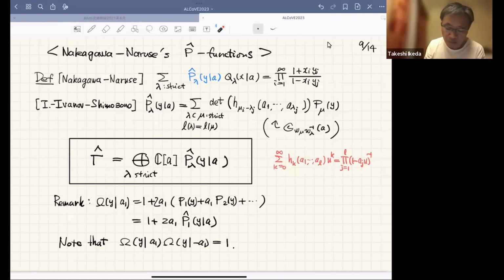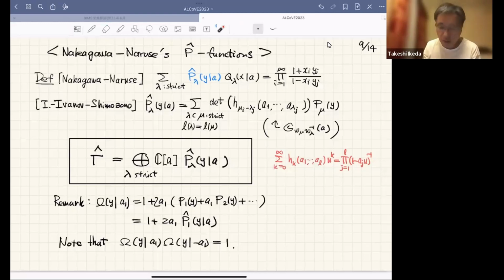The coefficient is actually a type A Schubert polynomial written in this form. This is the definition of the dual factorial P functions introduced by Nakagawa and Naruse.